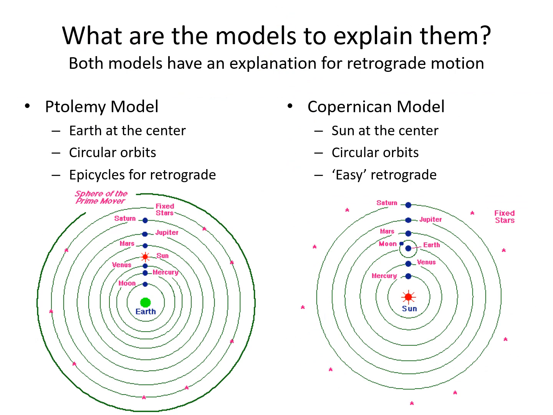So we have these two competing models to explain essentially the universe. In particular, we have the comparison of their different explanations of retrograde motion. So Ptolemy's model of the universe places the Earth at the center. All the planets move on circular orbits about the Earth. And all of the planets that exhibit retrograde motion have their epicycles to explain retrograde motion.